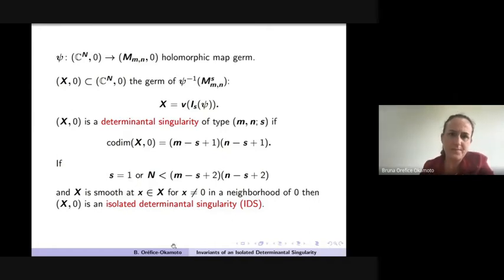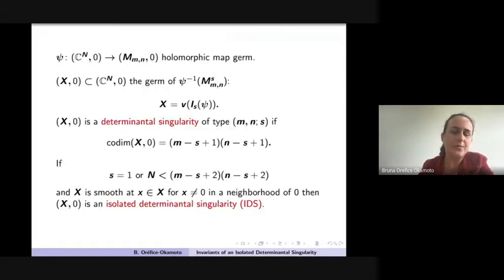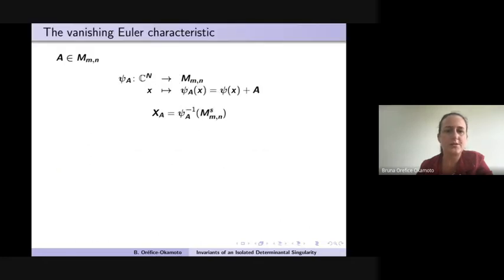Okay. So in my PhD, our project is to define kind of a Milnor number for this kind of singularity. And we did the vanishing Euler characteristic.